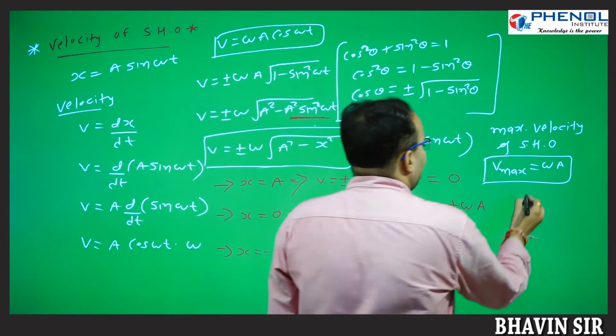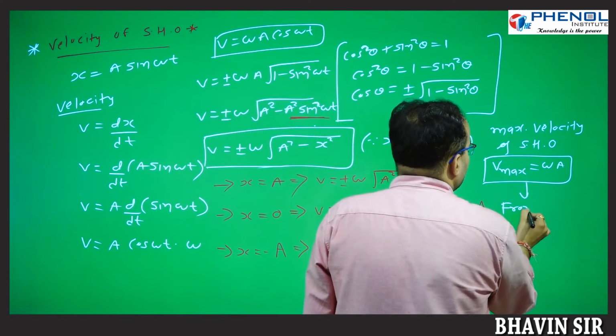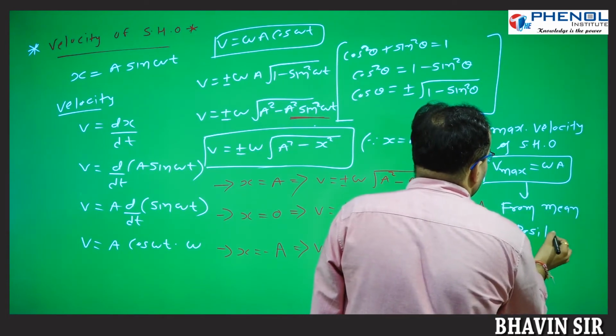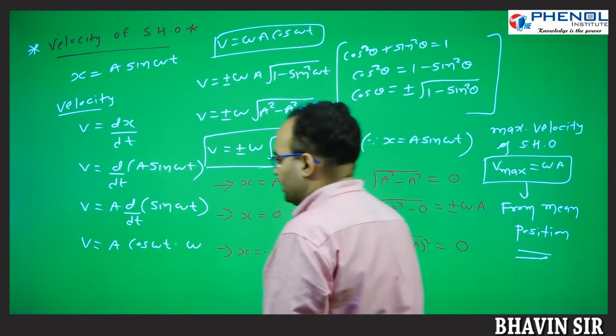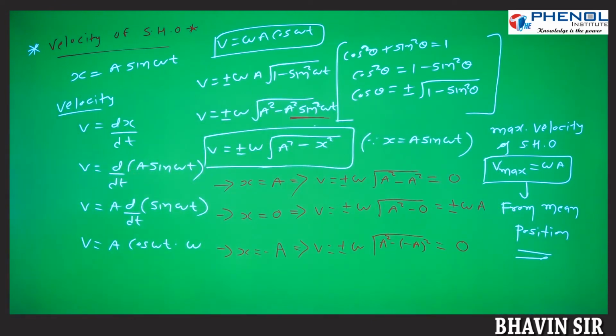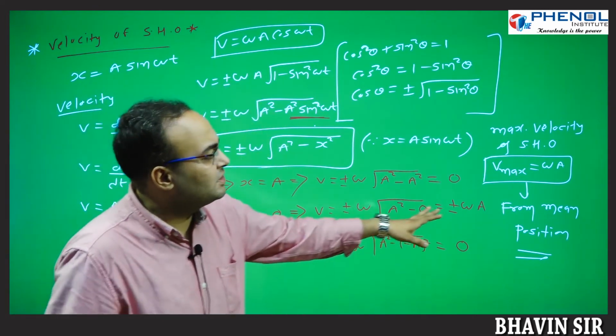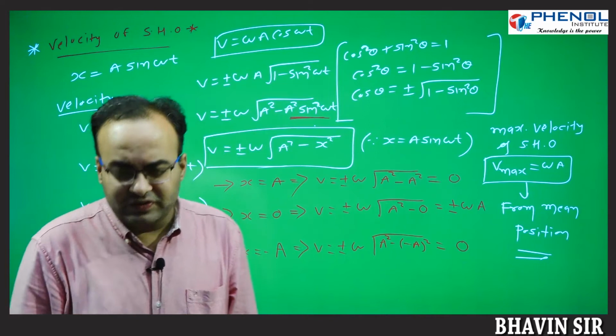Omega a, and it occurs at the mean position. Okay, so at the mean position its velocity is maximum, and the maximum velocity is omega a. Chalo, so we discussed the velocity.